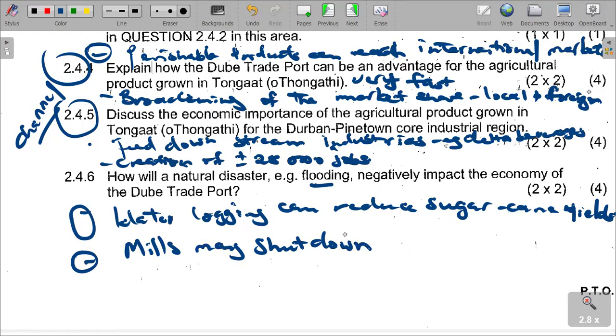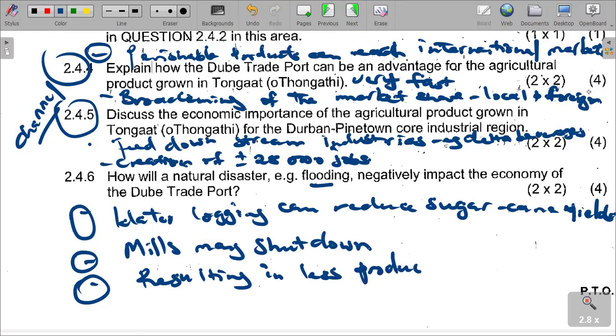And then if the sugar cane mills shut down, we have to talk about the movement of empty cargo flights, resulting in less produce for the foreign market. The foreign market might not have the produce, the product, the sales.